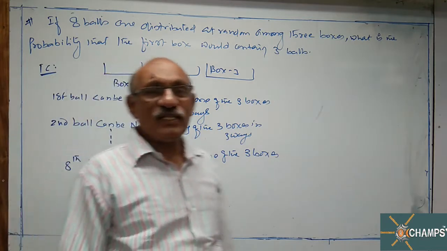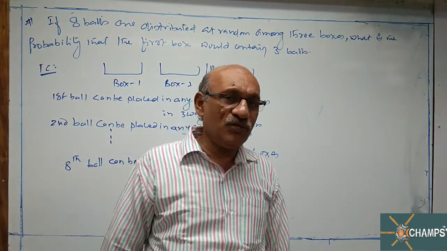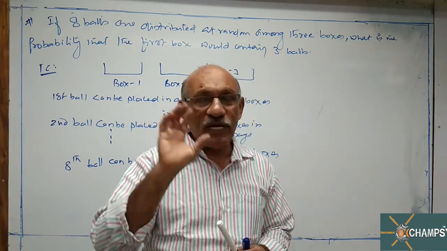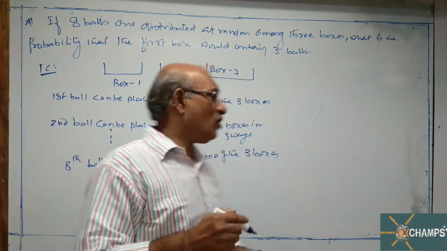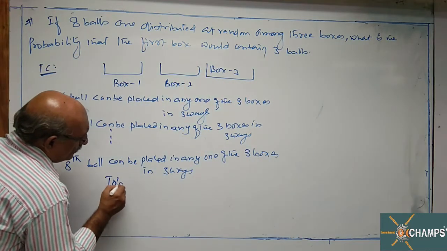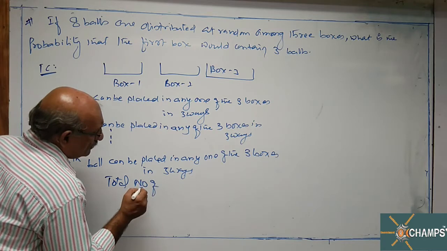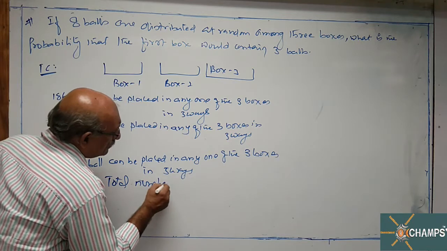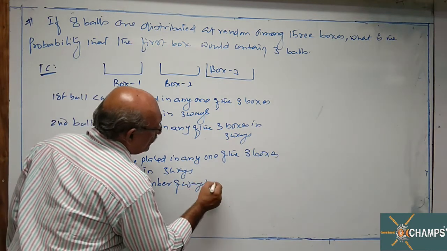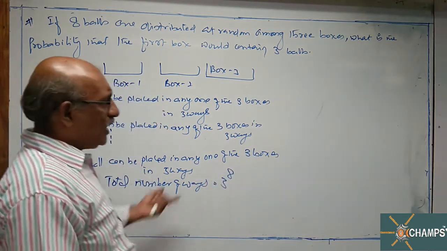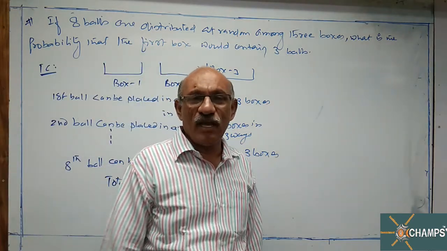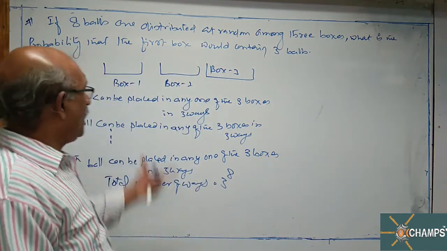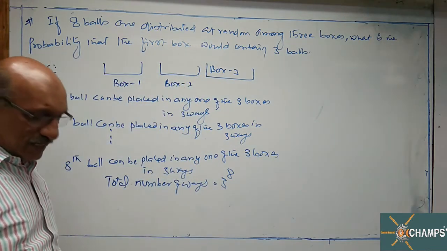So each ball is having 3 options. For each ball, you can put it in first box, or second box, or third box. So total number of ways is equal to 3 power 8. 8 balls are there, 3 power 8 will be the total number of cases. So total number of cases are calculated.